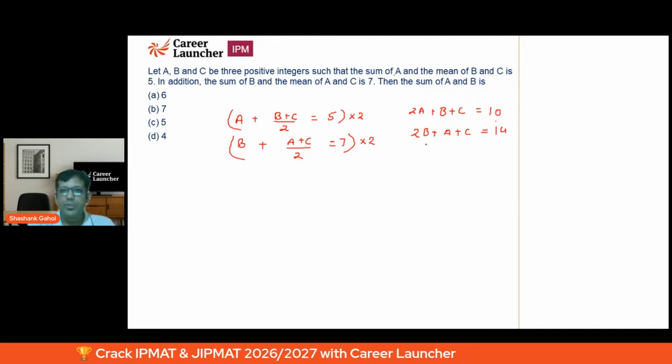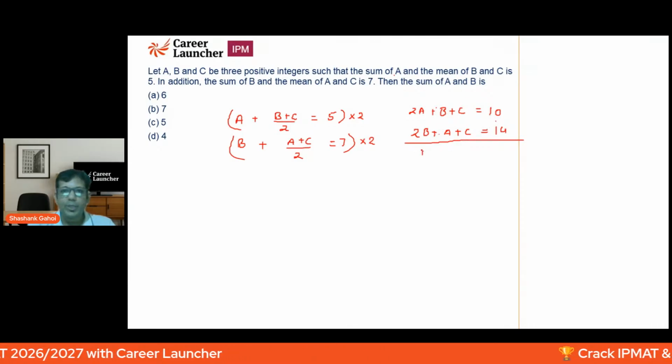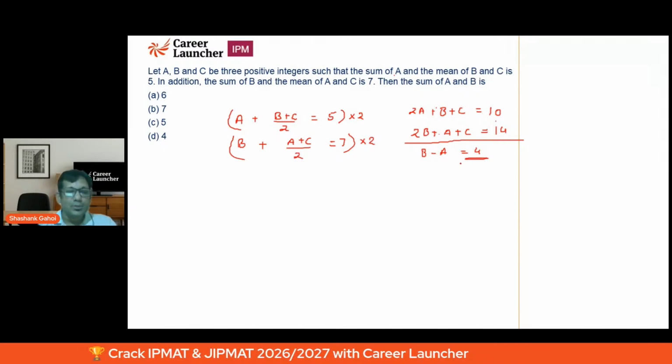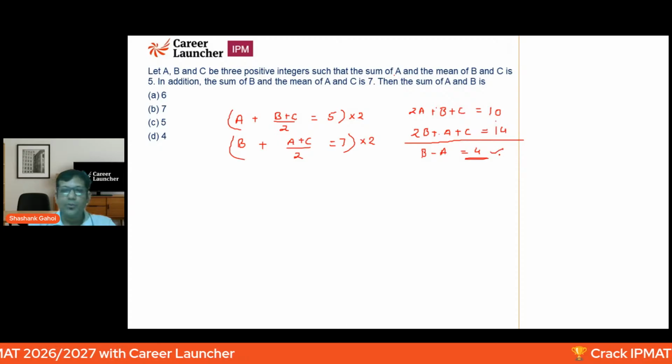Subtract. So if I subtract, this minus this, I am going to get B minus A, and C cancels out. So that is going to be 4. So the difference of B and A is going to be 4.